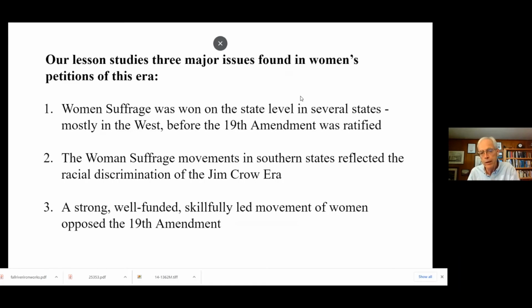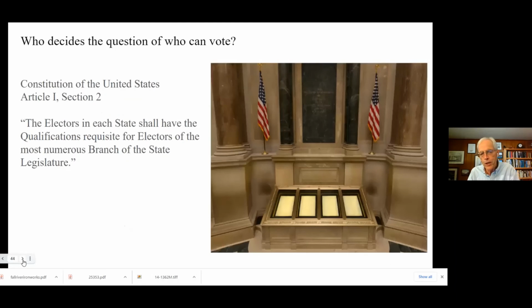Secondly, that the women's suffrage movement in Southern states will reflect the racial discrimination of the Jim Crow era. And third, there was a strong, well-funded, skillfully led movement of women who were opposed to women's suffrage. And that's kind of an explosive one, and we have an explosive document on that.